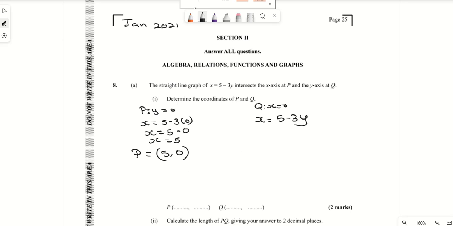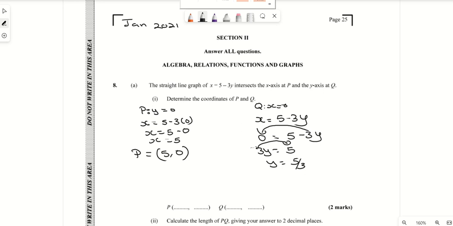We know x is equal to 0. So that 0 is equal to 5 minus 3y. We want to make y the subject. We always want to make y positive, so you carry across this minus 3y, and it turns to plus 3y. So 3y is equal to 5. So y is equal to 5 divided by 3 if we carry across 3 here.